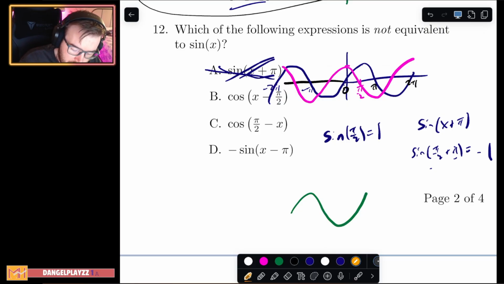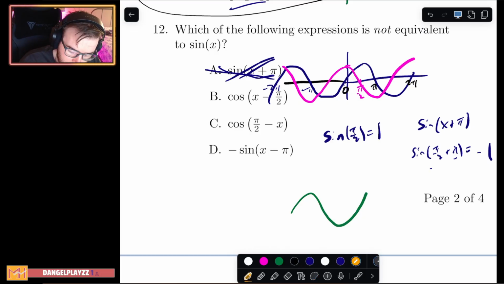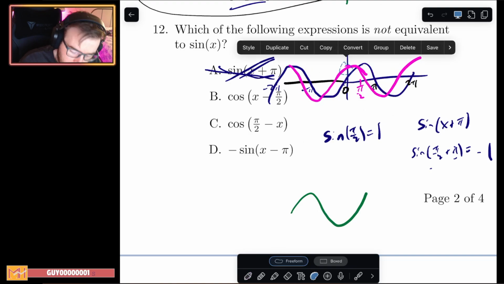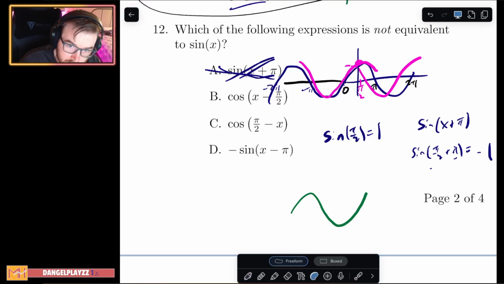If I were to move this function right pi over 2, which is what B is saying, I'm fixating on this point right here and watching it move to the right. Yeah? And suddenly it clicks into place.